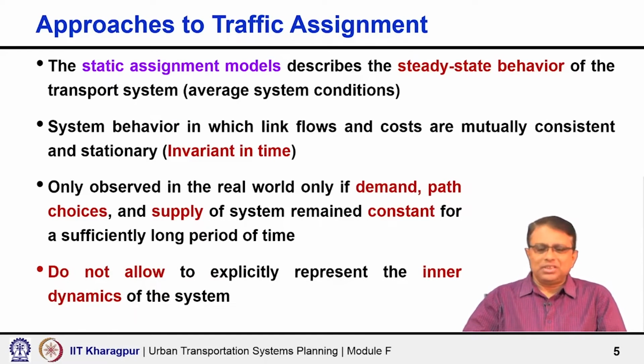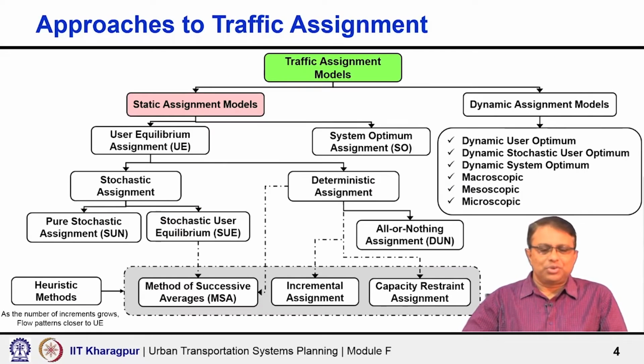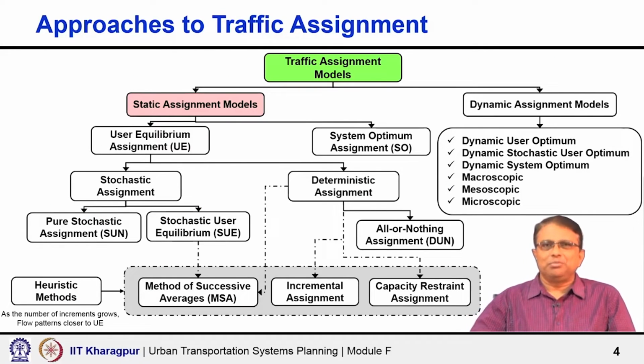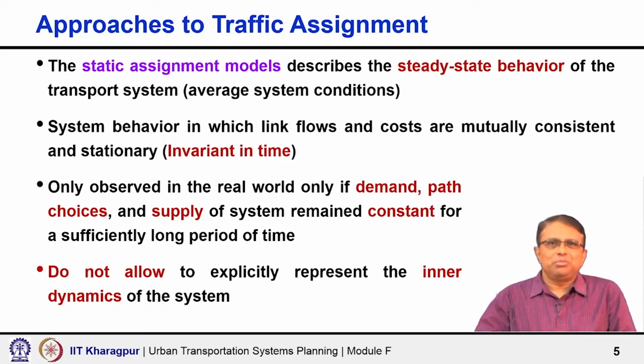Now, first if you look at this flow chart, there is the static assignment model. One is static, another is dynamic. What is dynamic? We will come to that later. First, let us look at this box, the static assignment model. Static assignment models basically try to describe the steady state behavior of the transport system on an average.